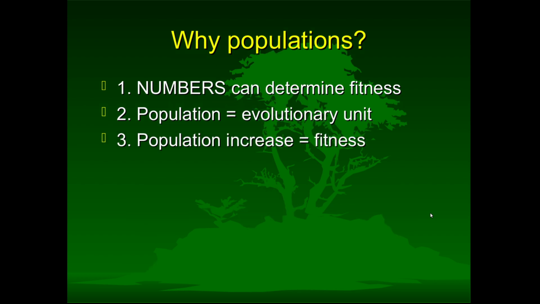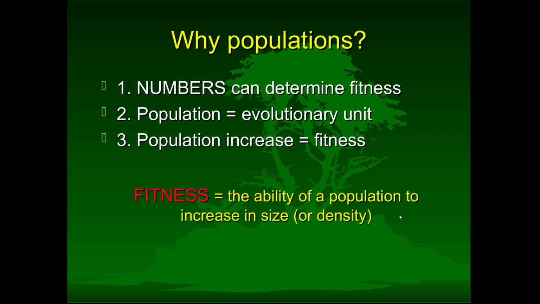And the number three reason, closely related to number two, as we saw above, the ability of a population to increase in size is a reflection of the fitness of the organisms in the population. It increases only because those organisms survive and reproduce. So we can quantify our concept of fitness very easily and make it mathematically exact and rigorous.